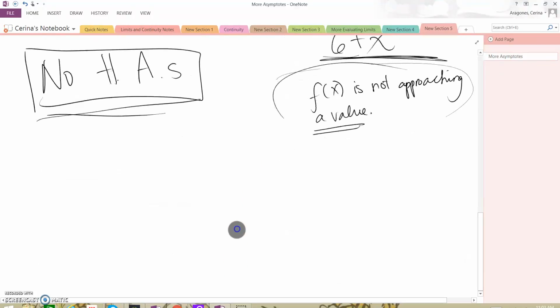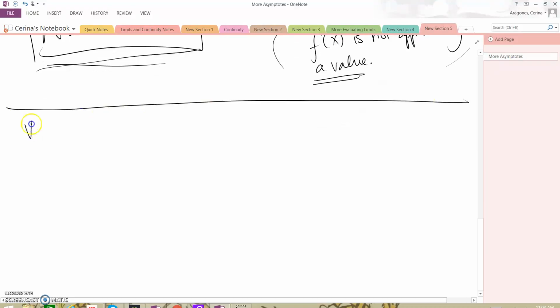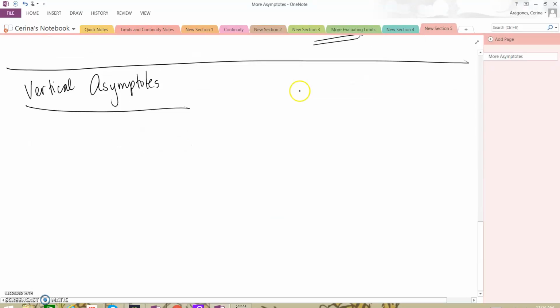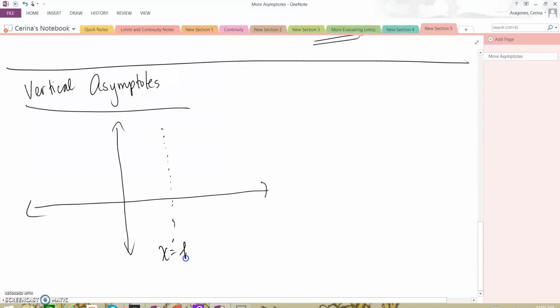Let's now talk about vertical asymptotes. Let's draw a graph or an example of what a vertical asymptote looks like. Say we have a vertical asymptote, let's say x equals k. Say my function looks like this over here, then looks like this over here.